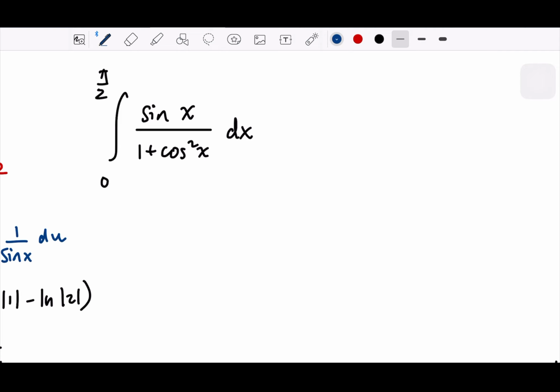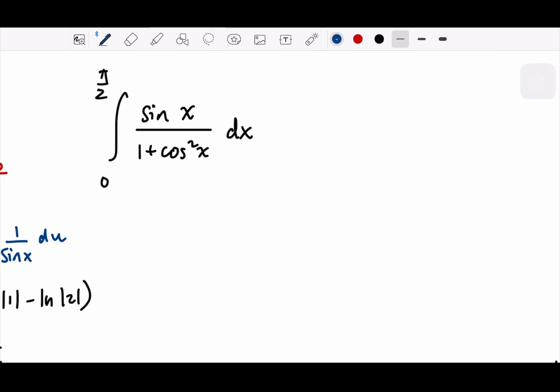The first thing, the best way, is to just try. First, maybe 1 plus cosine squared. Try to derive. Can we see any cancellation? If not, maybe it's not the best way to substitute. Well, we have sine and cosine, so there should be some cancellation if we consider the derivative.